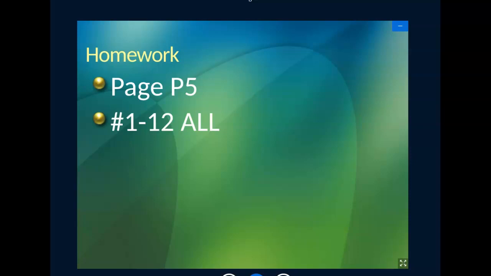So your homework, you're going to have a double part homework. You're going to do page P5, and we're going to do the second part of the lesson. We're going to do lesson 02 today, I think, as well, right? Because I want you to be at 03 on Wednesday. Yeah, so we're doing 01 and 02 today.